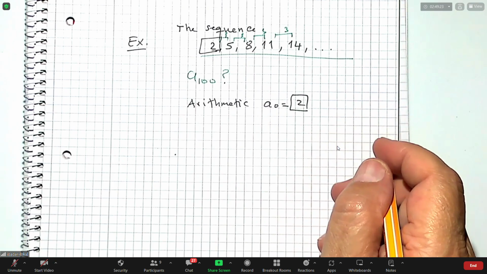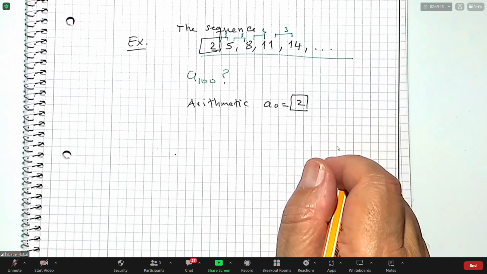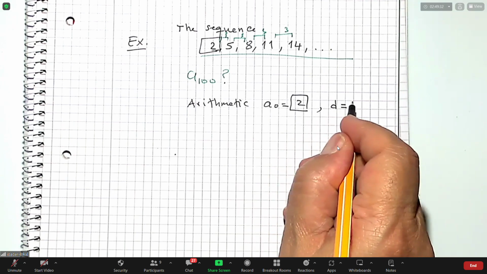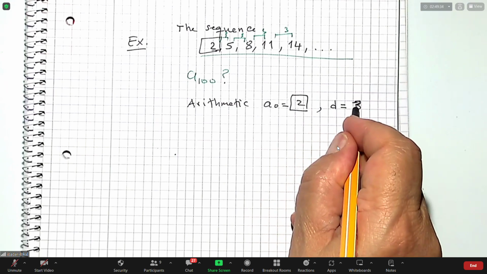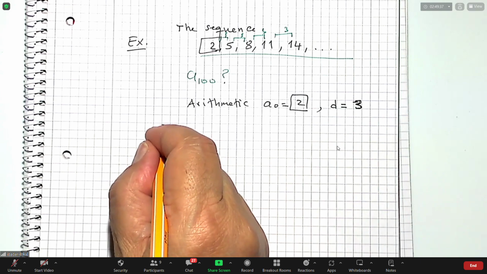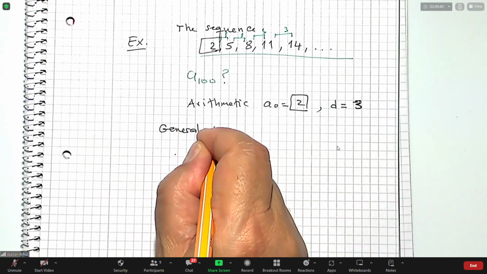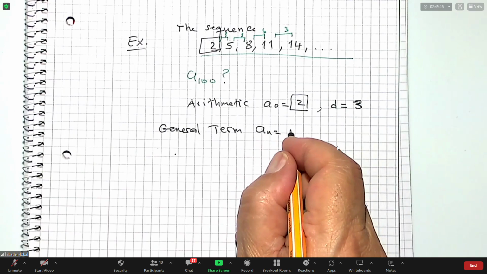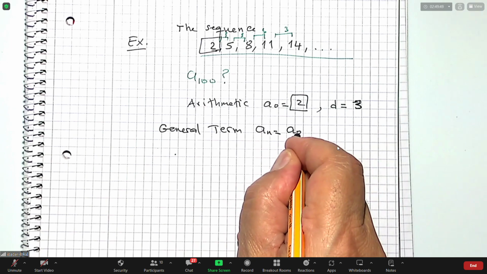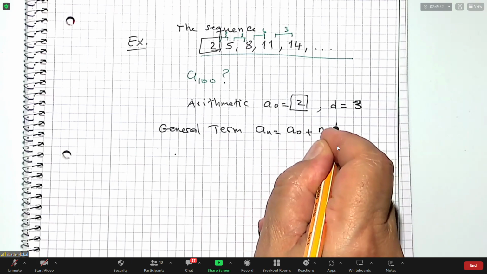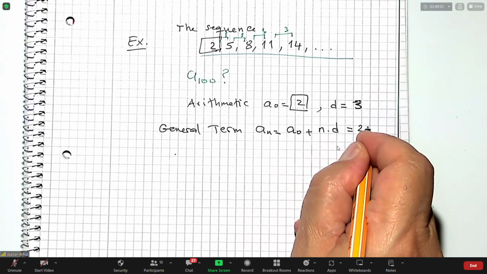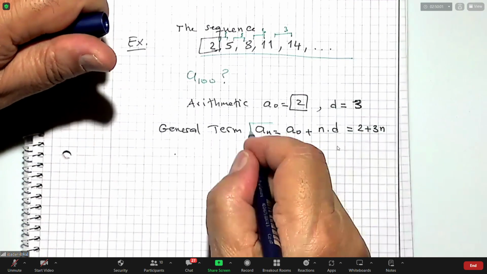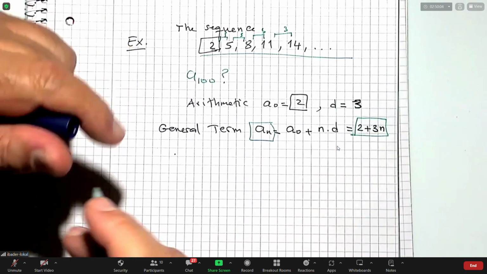For an arithmetic sequence, A0 equals 2, this is the first element. We said we need for an arithmetic sequence the first element as well as d, and d is the difference between two successive terms, and it's 3. So the general term for an arithmetic sequence is an equals a0, which is 2, plus n times d, and in this case it's 2 plus 3n.